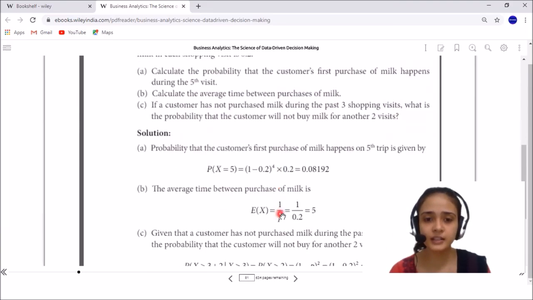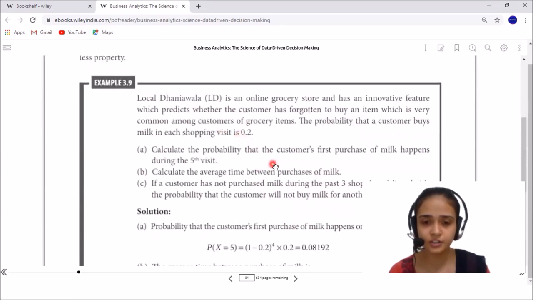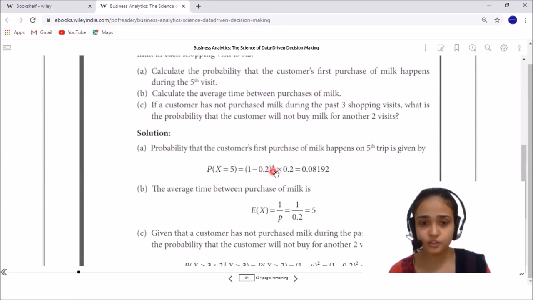So directly applying that formula over here, that is 1 minus p. The value of p is given, that is 0.2 in the question, raised to x minus 1. It means my value of x is 5 over here. So x minus 1, it means 4. Into p, it means 0.2. So you will get the probability as 0.08.